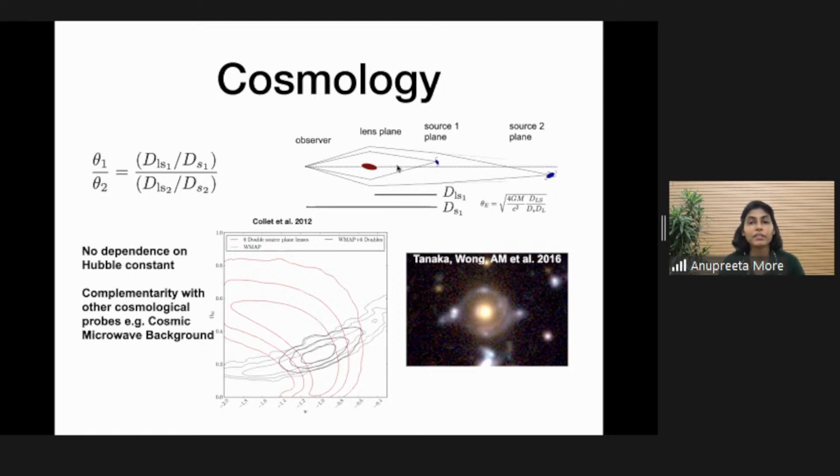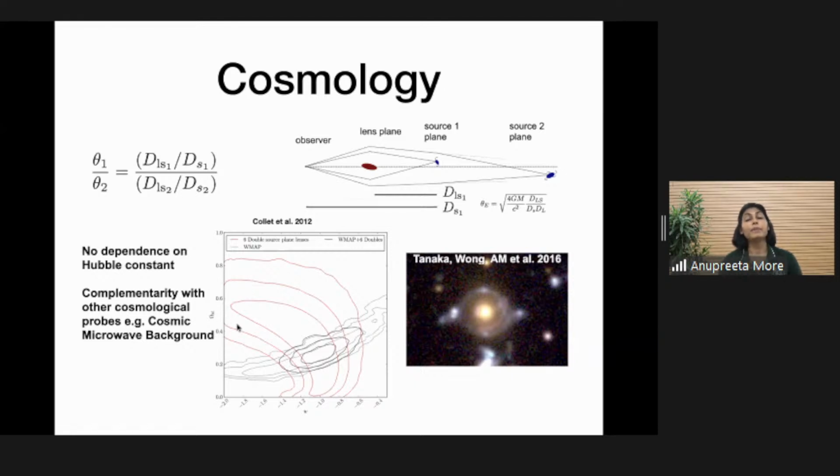There is an interesting thing happening in these kinds of lens systems. If we assume simplicity of the whole situation, and simplicity of the lens model, then we can show that by looking at the Einstein radii of source 1 versus the Einstein radii of source 2, so that's theta 1 by theta 2, and taking the ratio, under the assumption that the lens model is simple enough, this ratio, which just depends on the distance ratios, is sensitive to some of the cosmological parameters, like the dark energy parameters.